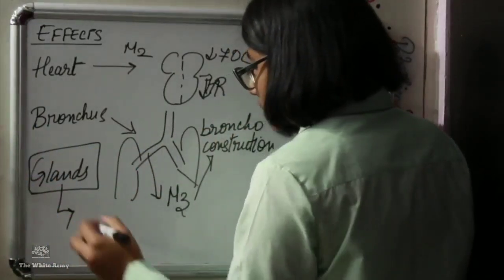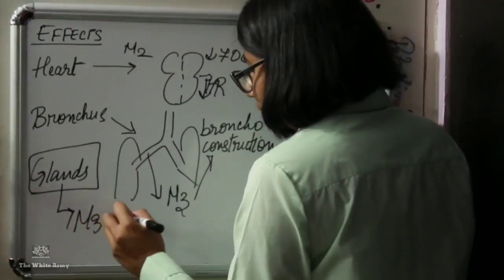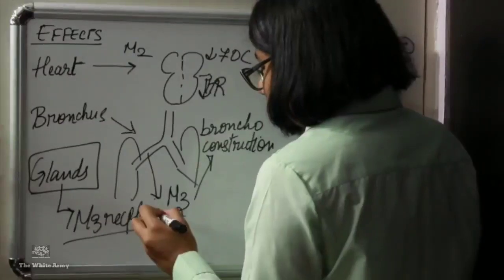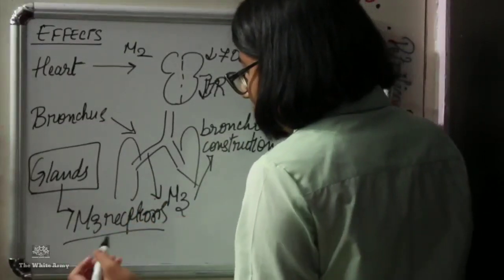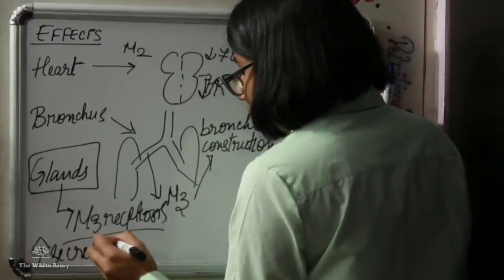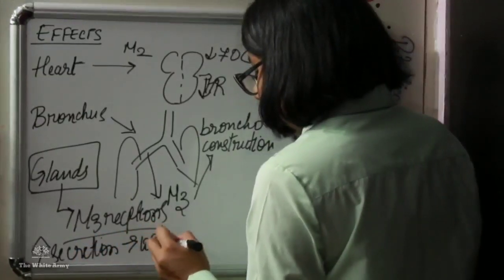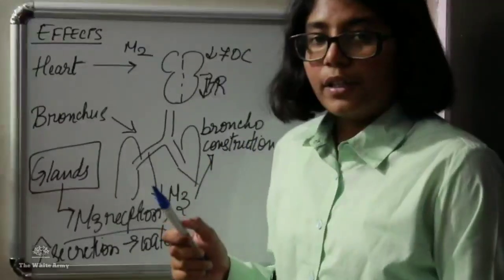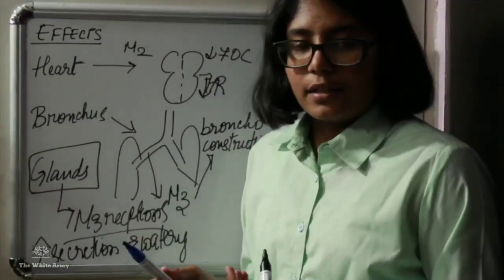So glands are also supplied by the M3 receptors. So upon parasympathetic nervous system stimulation, it would result in increased secretion, which is watery in nature, of the parotid glands, the salivary glands, lacrimal glands, nasal glands.